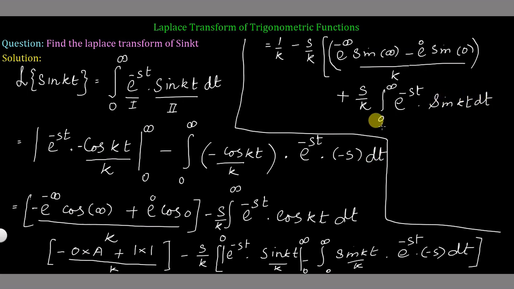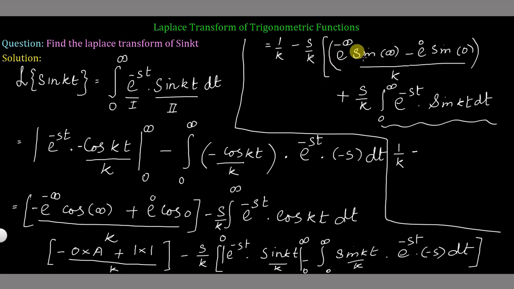You can see here this is just the Laplace of sine of kt. So we can replace this overall integral by Laplace of sine kt, but before solving this we will simplify 1 over k.